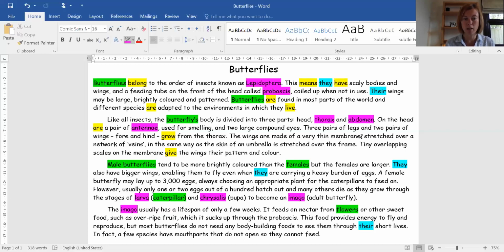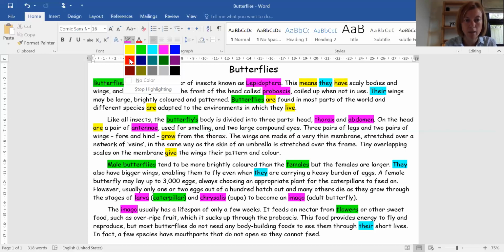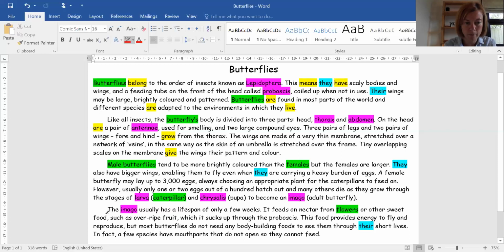And we can see that words such as the wings help reinforce the fact that it's impersonal writing. So let's highlight some of those in red.